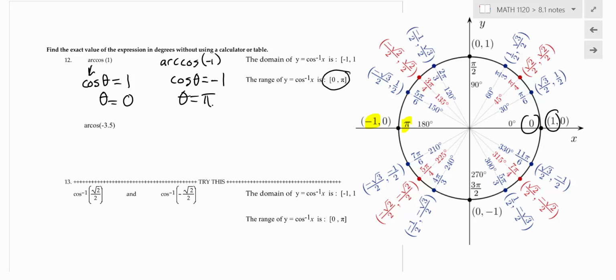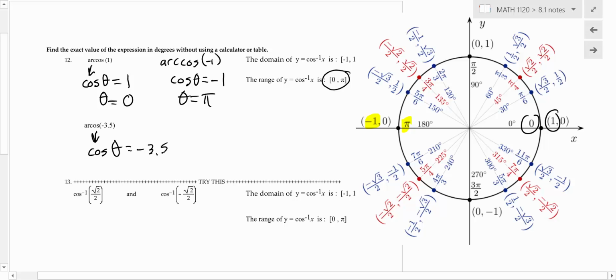Okay? All right, now the next one, trick question. Write down, first of all, cosine theta equals negative 3.5. Now, if you're trying to solve this problem, you're trying to find an angle where the x value is negative 3.5. Where is it? It doesn't happen. You can never do an inverse cosine of anything that's outside of negative 1 and 1.